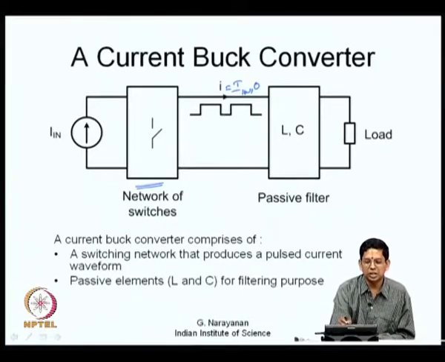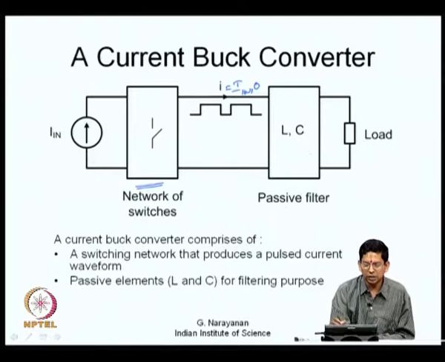It can inject such current pulses into the load circuit, and once again you have some passive filtering, because these pulsed currents have ripple too. To filter out this ripple, you have passive filtering, just like what we used in a voltage buck converter.